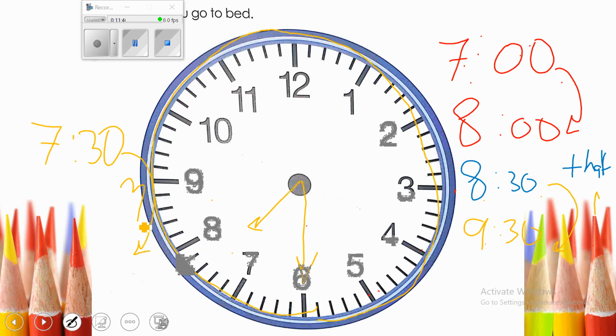That means I have to move the minutes hand 3 hours. So let's make the first round. This is 1, and this one will move from here to here, and the other one I want 2.